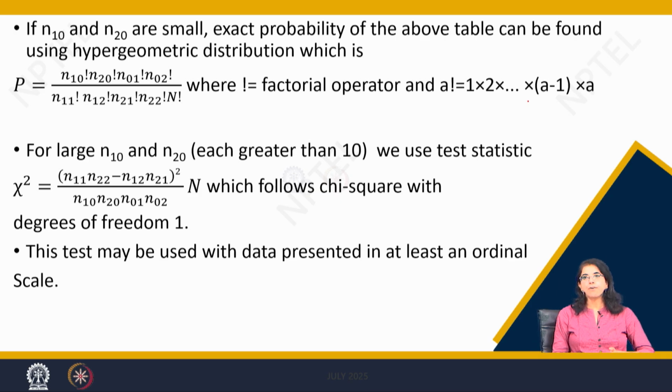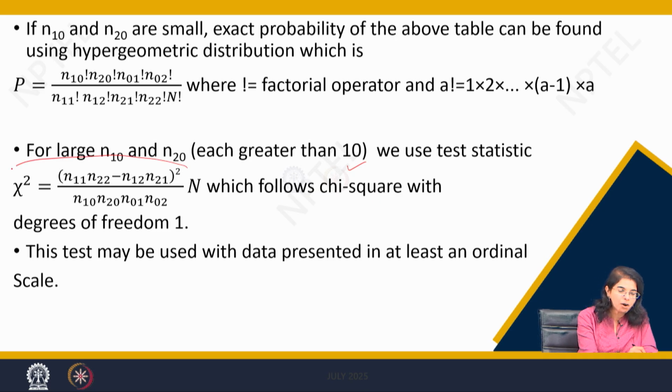Clear? So for large n10 and n20, each greater than 10, we can use an approximate test statistic, which is chi-square, in the format: n11 n22 minus n12 n21, whole square, divided by all the marginals. Look at the denominator: it comprises the product of all the marginals.